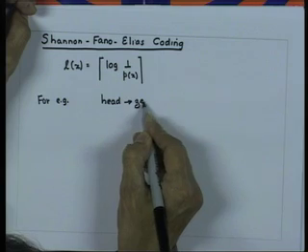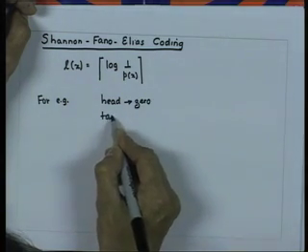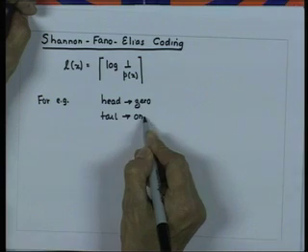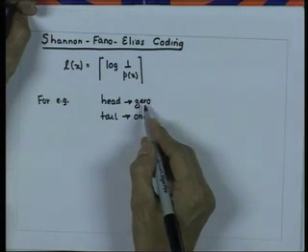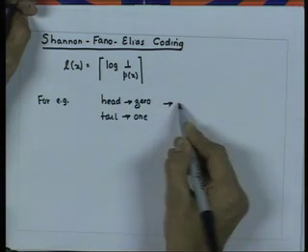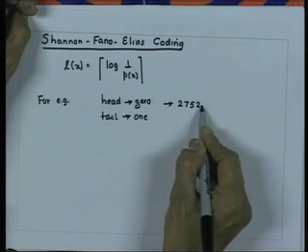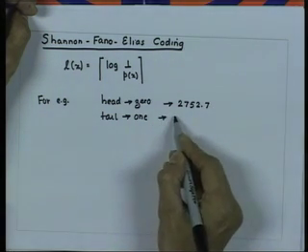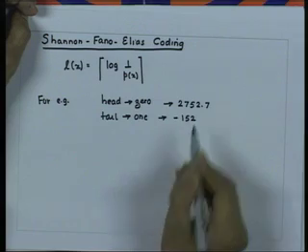For example, in a coin tossing experiment, the random variable could map a head to 0 and a tail to 1, or I could use a mapping which is head as some number, let us say 2752.7, and tail as minus 152.